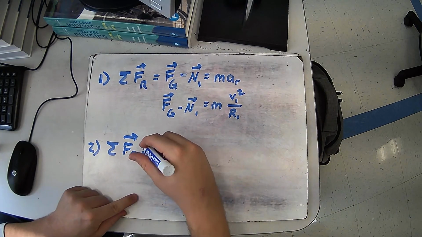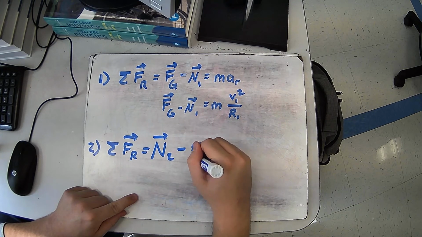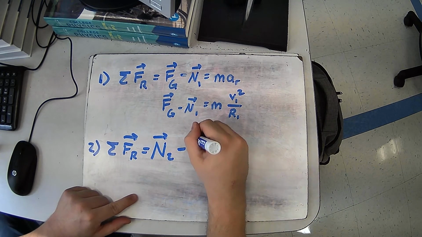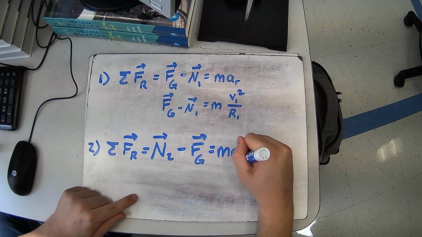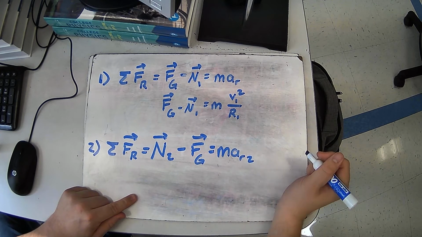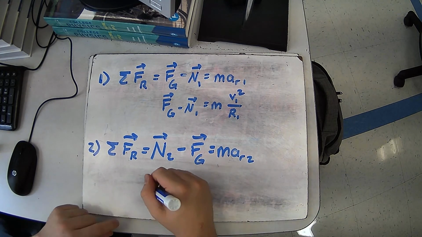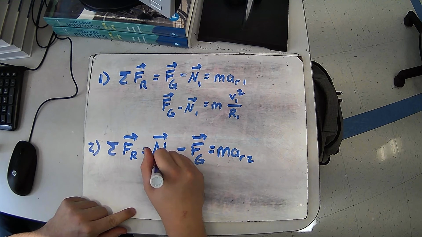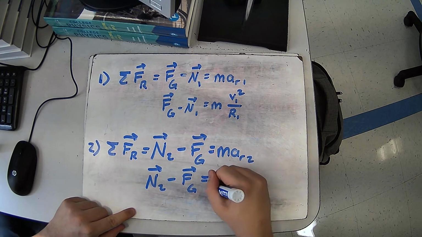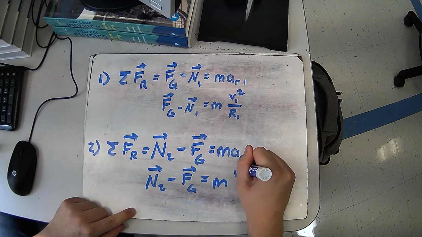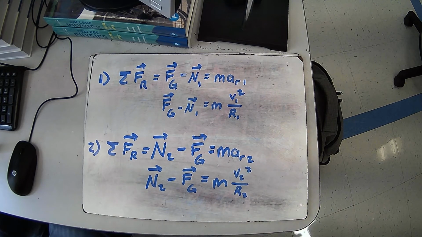So here, it's normal force 2 minus the gravitational force, which we don't need a subscript on because it hasn't changed at all. And that's going to be equal to m times the radial acceleration. I'm going to call this radial acceleration 2, this one radial acceleration 1. And then we know that the normal force minus the gravitational force must be equal to mass times speed 2 squared over radius of curvature 2.